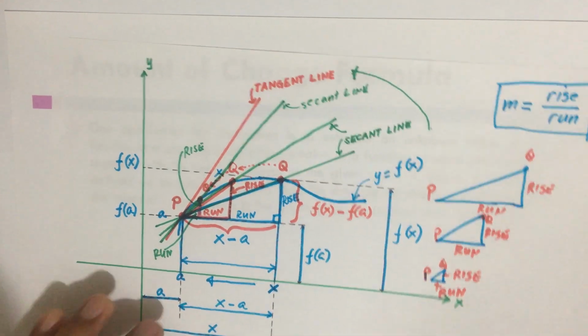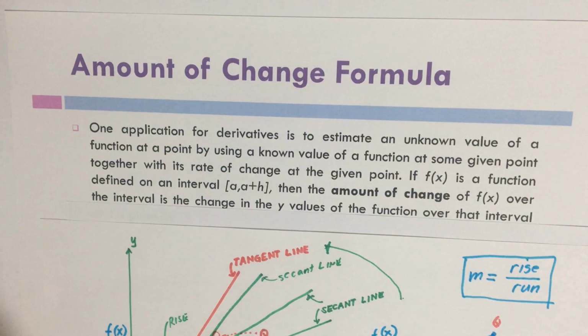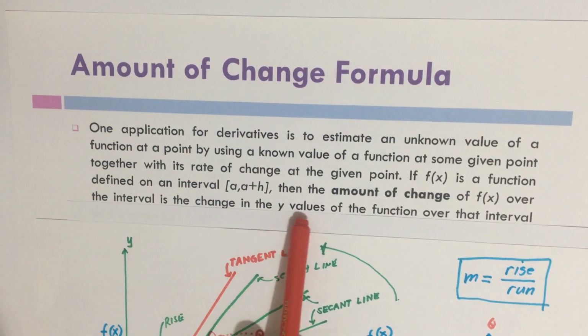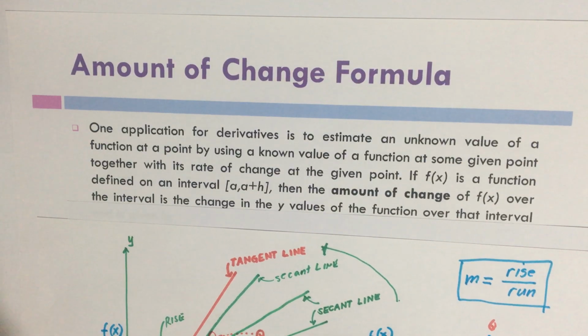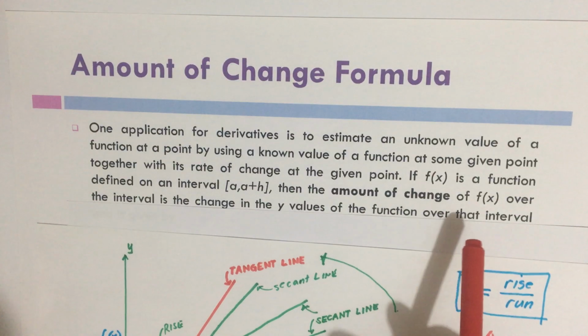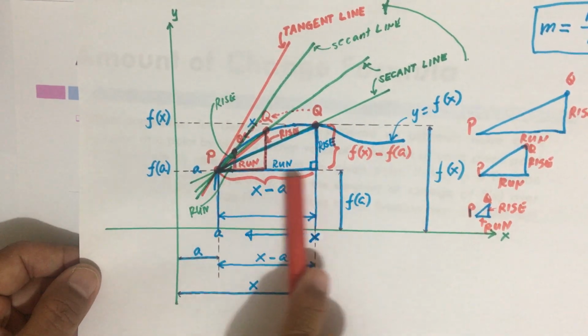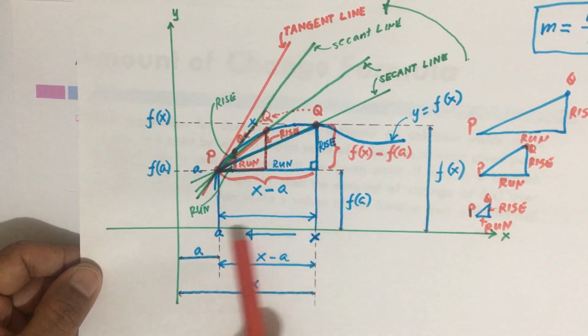So the amount of change of f of x over the interval is the change in the y values, meaning the height of the difference of the function over that interval. So what interval? This interval, class, from a to x in this case.